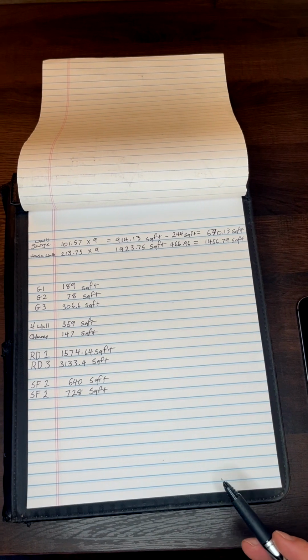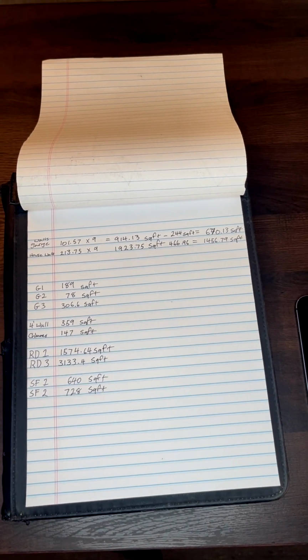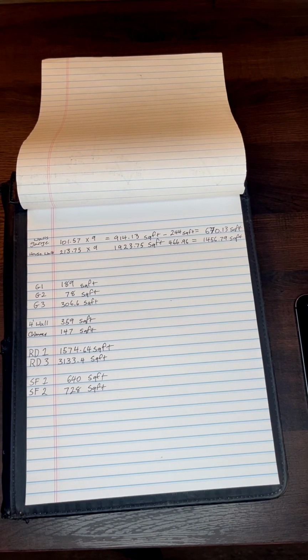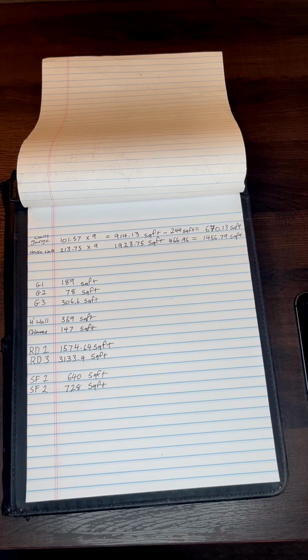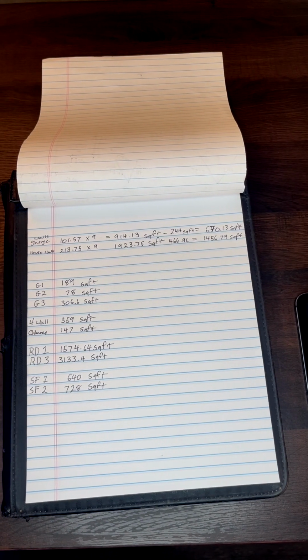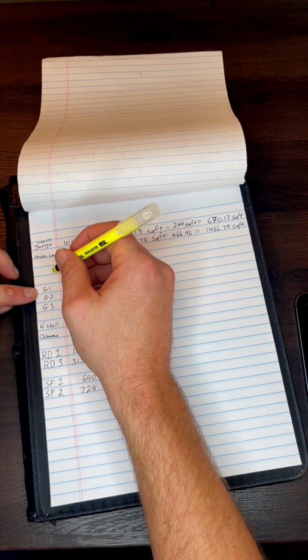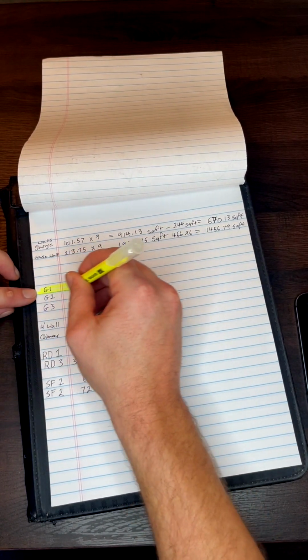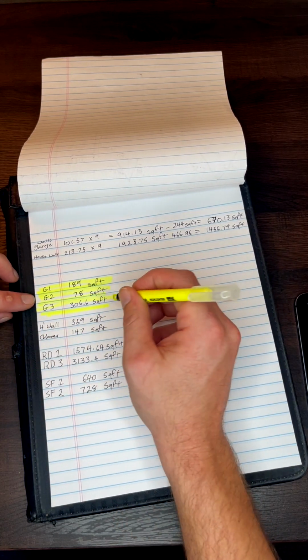So I'm going to grab some color. From a thickness perspective, the yellow is going to be 3.5 inches. So your gables are all going to get 3.5 inches. That's R14.